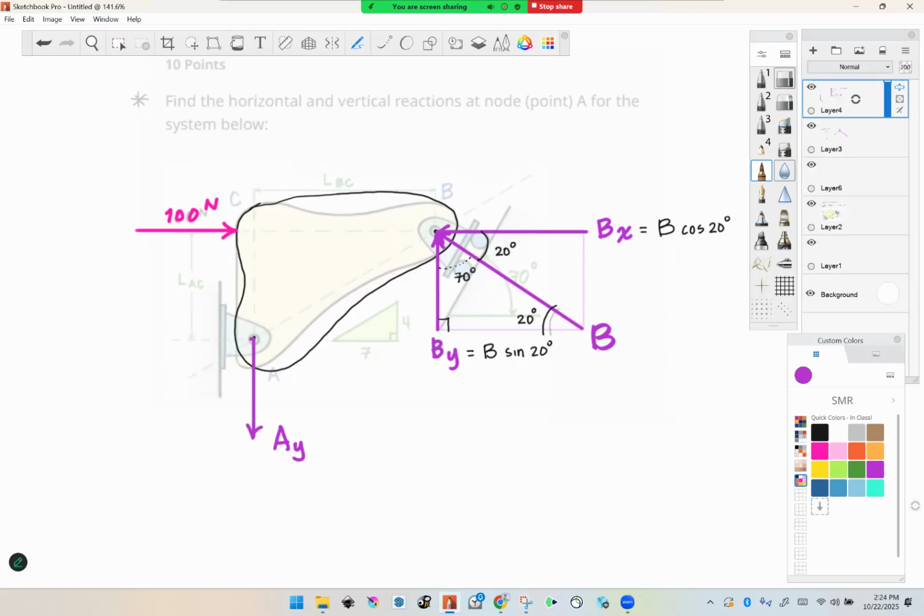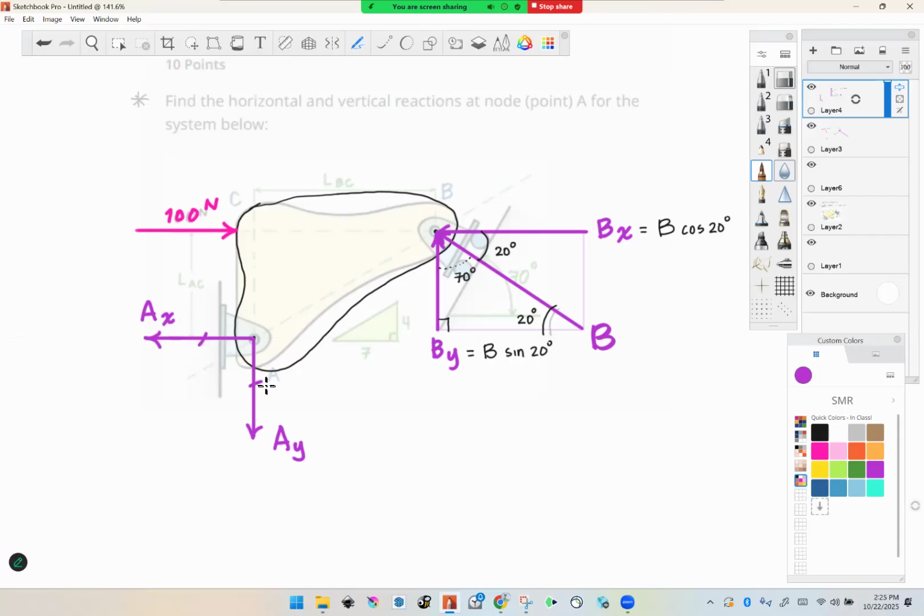One is up, one is down. And for this horizontal one, I don't 100% know which way it's going to go yet. So my load 100 is pointing rightwards, B sub x is leftwards. But I also have a potential for a horizontal one down here. So I'm going to assume that it's going to oppose the direction of the load. So I'm going to assume it's leftwards and work with that.